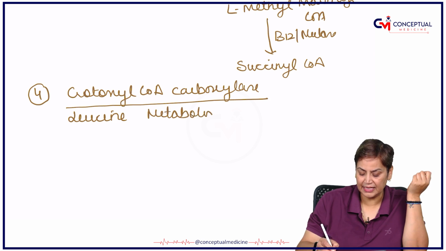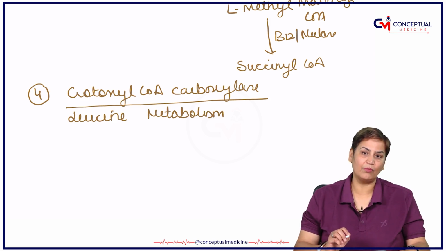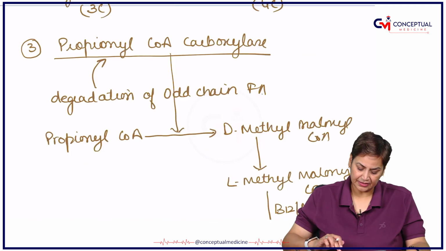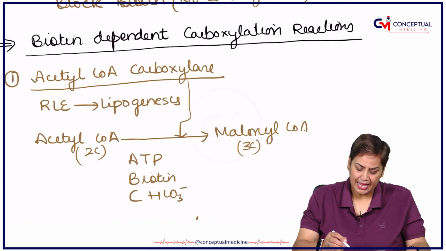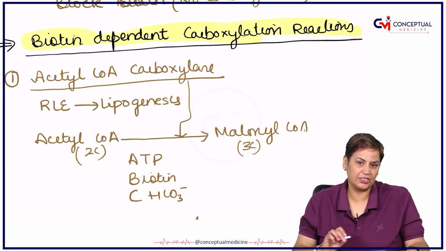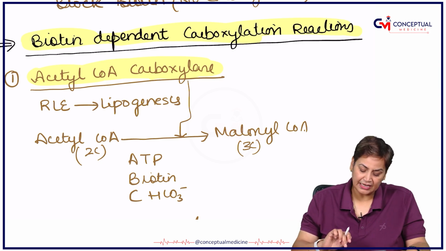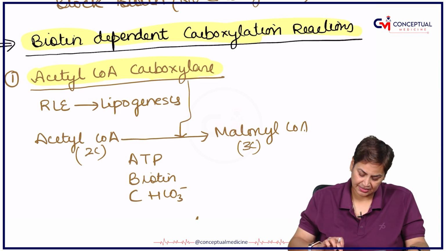Right, so we can say that biotin is required for a variety of carboxylation reactions, very, very important, and these are biotin dependent carboxylation reactions. First is conversion of acetyl coenzyme A to malonyl-CoA, which is the rate limiting enzyme of lipogenesis.